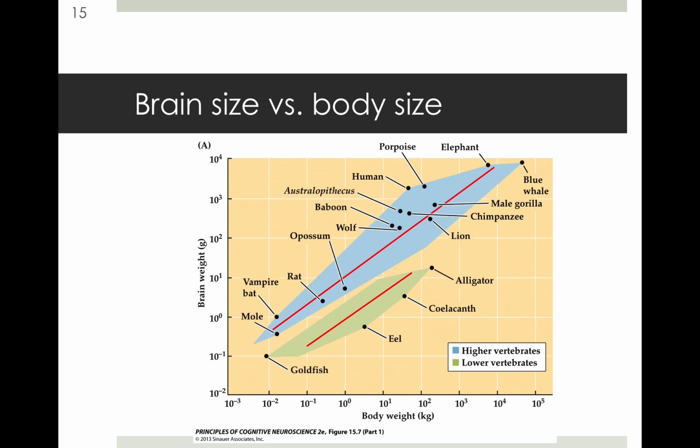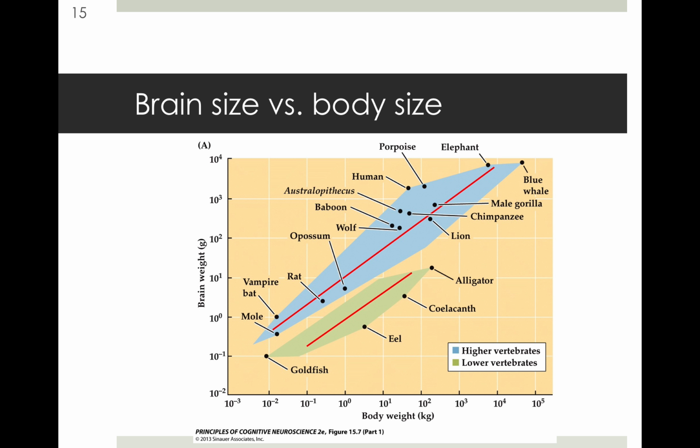In general, the higher vertebrates tend to have a larger brain weight relative to their body weight than the lower vertebrates. But some animals, like humans and porpoises, have an abnormally large brain weight relative to what's predicted by their body weight. We think humans are quite intelligent, and porpoises are supposedly quite intelligent.